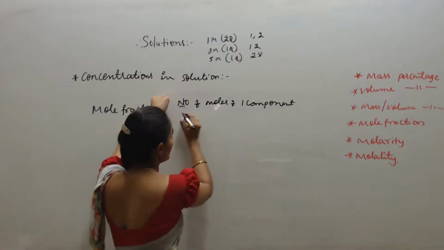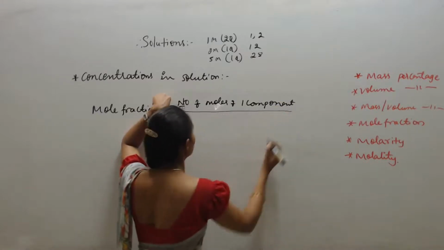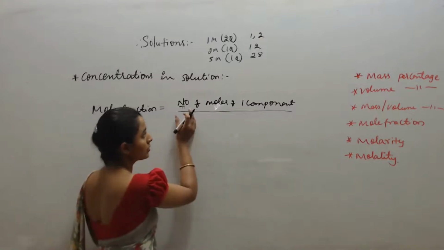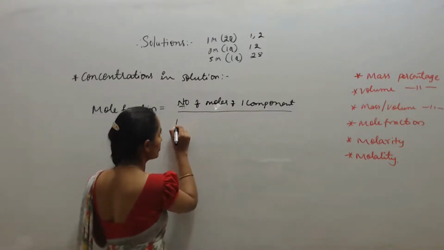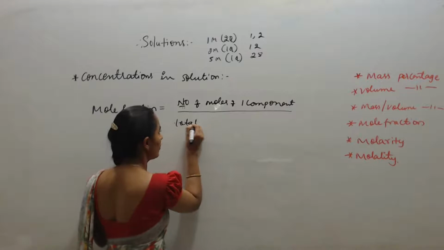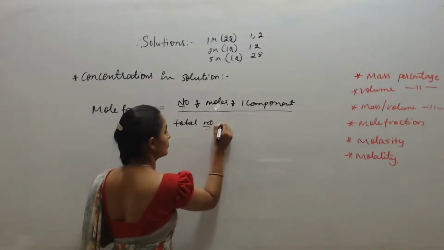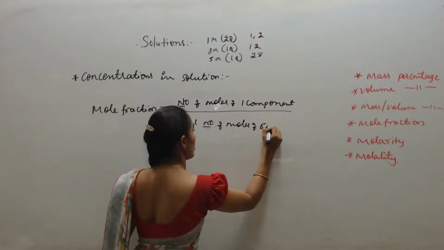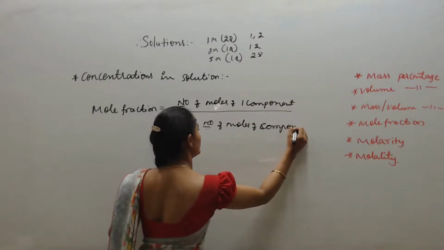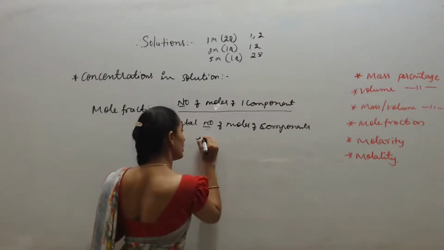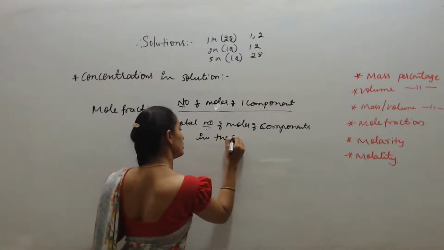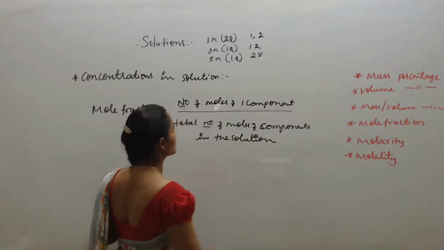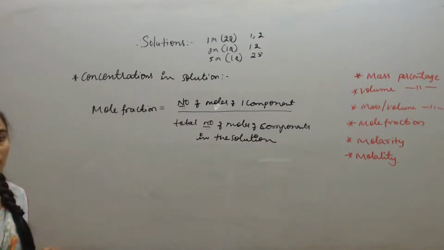Because solute is there and solvent is there, we can check the mole fraction for the solute as well as the solvent. So the number of moles of one component to the total number of moles of components in the solution is called mole fraction.